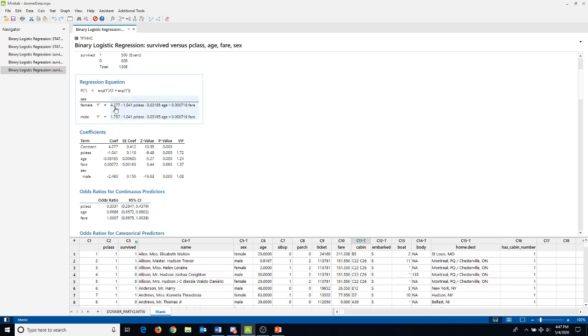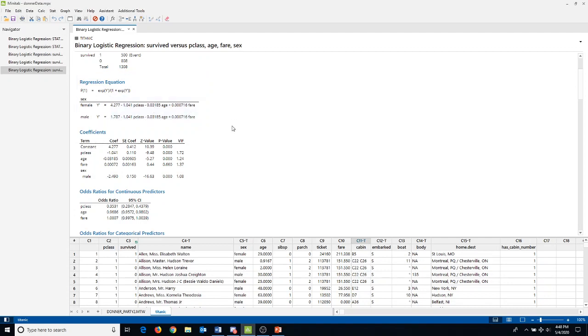You can see the difference: if male were 1, the coefficient would be negative 2.490, and we would plug these into our equation. So this would be 4.277 minus 2.49 male minus 1.041 passenger class. So each time you go up a passenger class, you would lose something, and then there's age and fare.